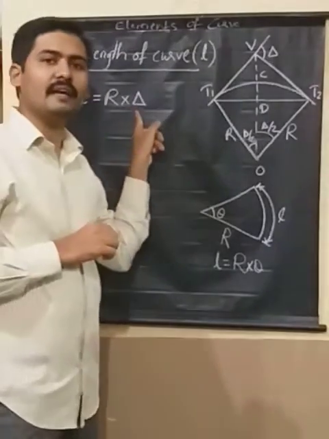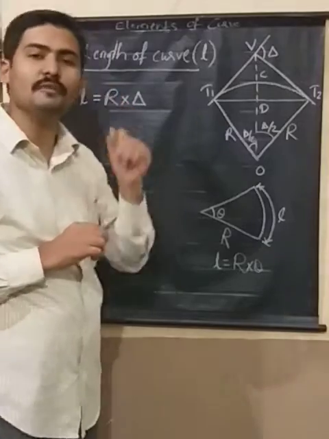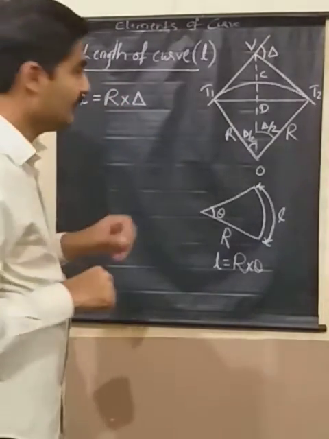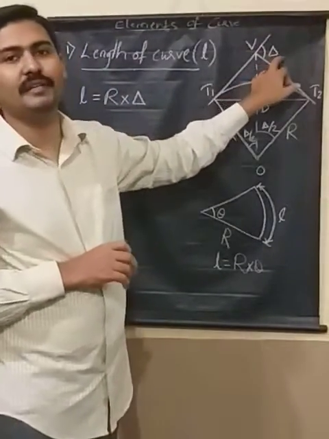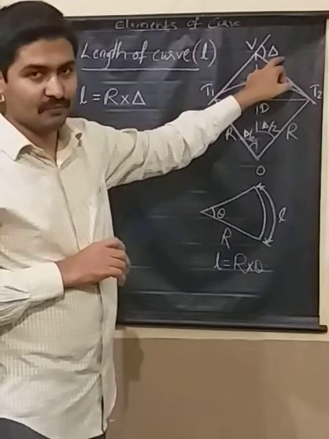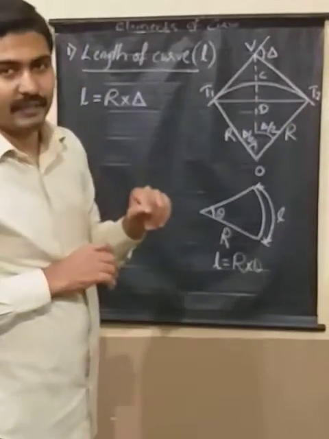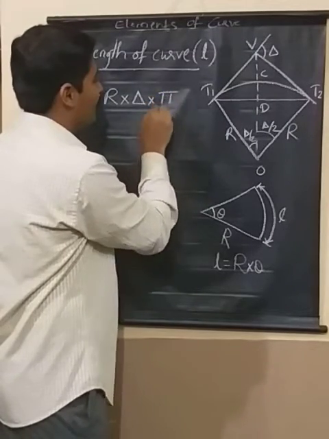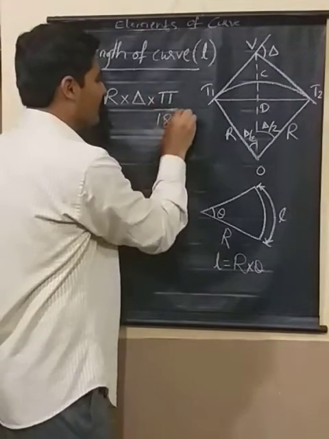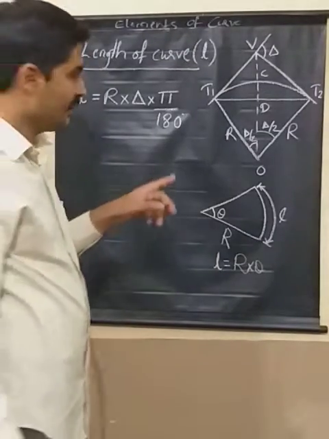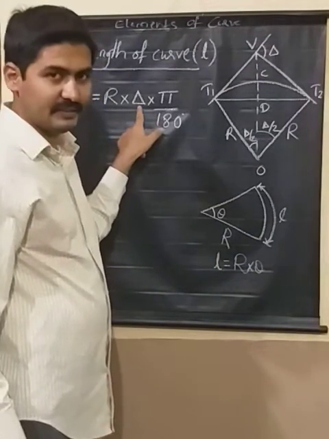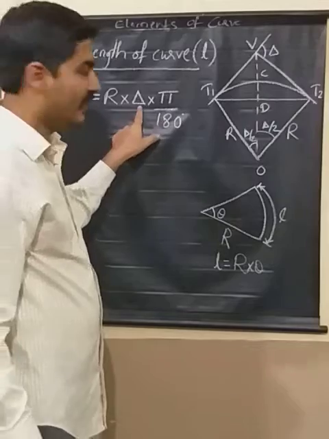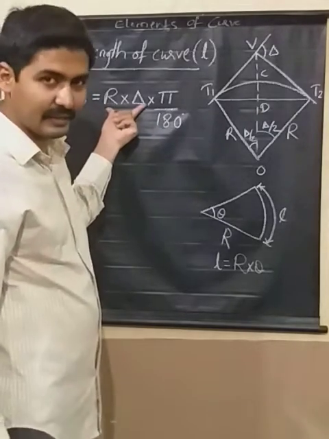And this central angle should be in terms of radians, isn't it? But the one we have right now is in terms of degrees. To convert that into radians, I need to multiply it by pi by 180. If delta is in radians, I can directly write r into delta.